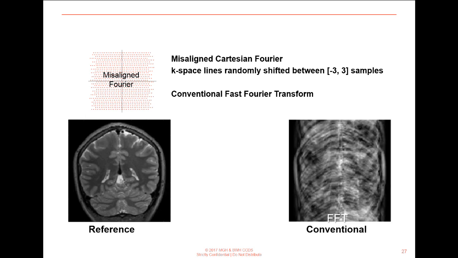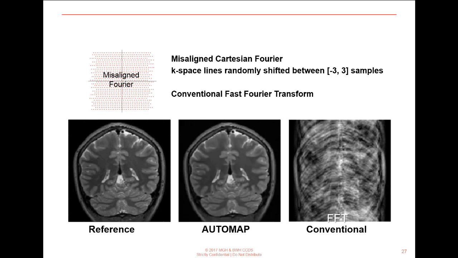What we find sometimes with hardware misalignment is you can get these kinds of artifacts, and it's interesting that the neural network sees right through that. So in each one of those four reconstruction methodologies, the neural network does a pretty good job of reconstructing.